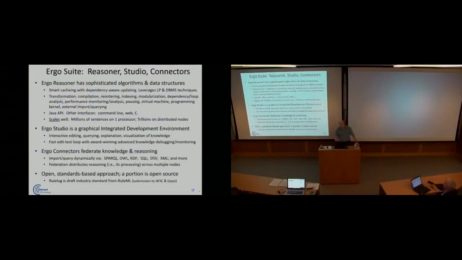So overall, under the covers, there are lots and lots of pretty sophisticated algorithms and data structures doing transformation and dependency-aware updating, using a C kernel of a virtual machine. There's performance monitoring, analysis, pausing. This technology stack has been built up for well over 10 years, largely in open source, but with several aspects as commercial extensions more recently.